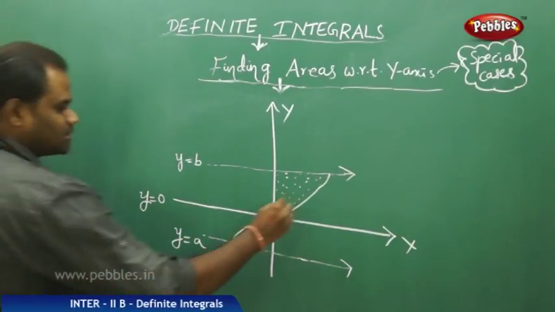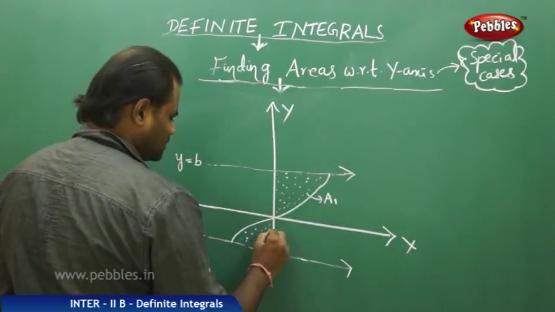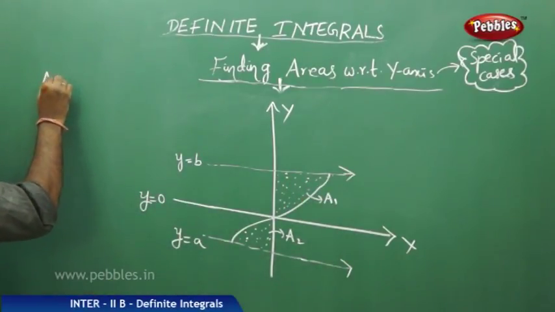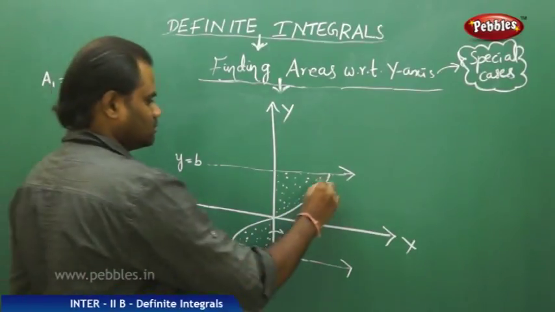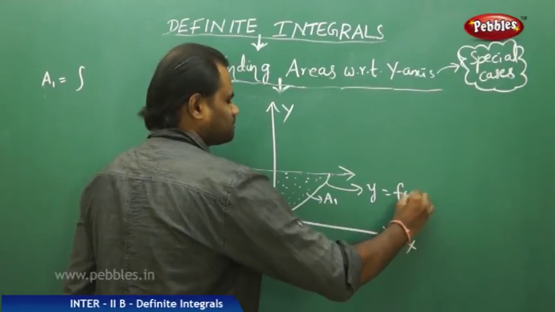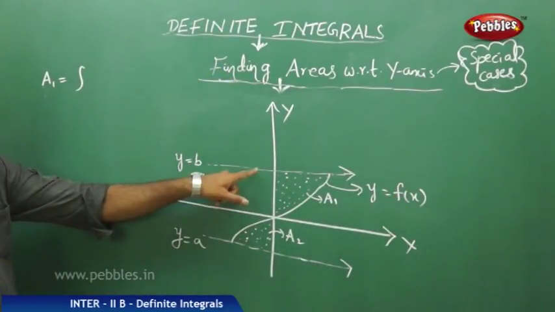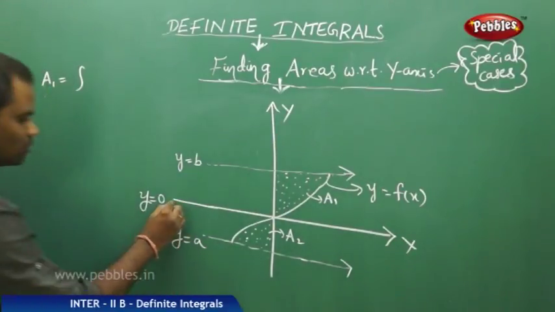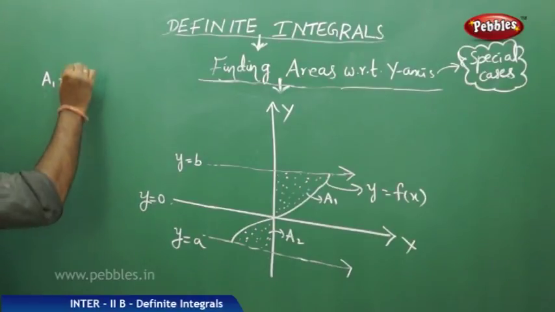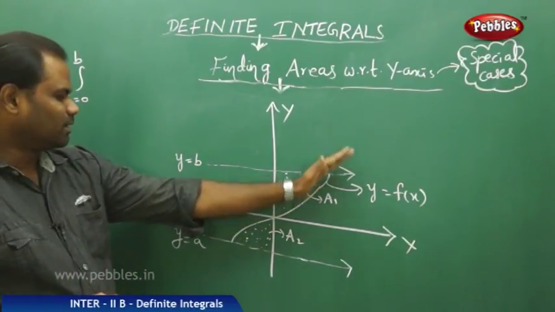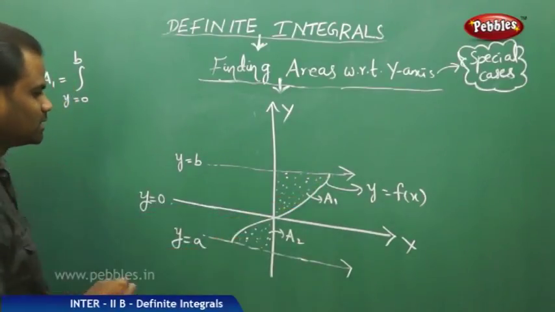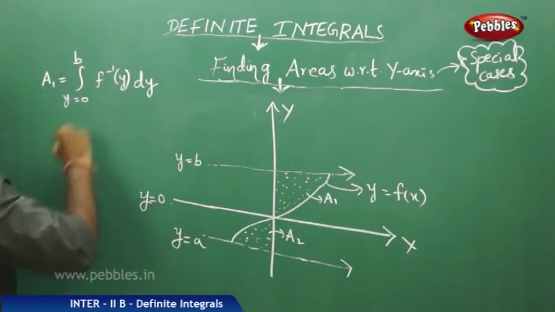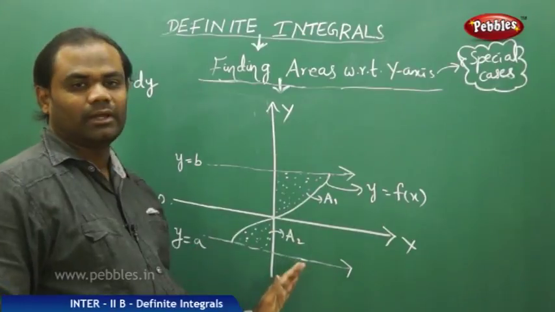So if I take this as a1 and this as a2, I clearly see that a1 is obtained as follows. For a1, with respect to the y-axis, the lower limit is 0 and the upper limit is b. So it is the integral from 0 to b of the upper curve minus the lower curve; the upper curve is f inverse y and the lower curve is 0, so I get f inverse y dy.